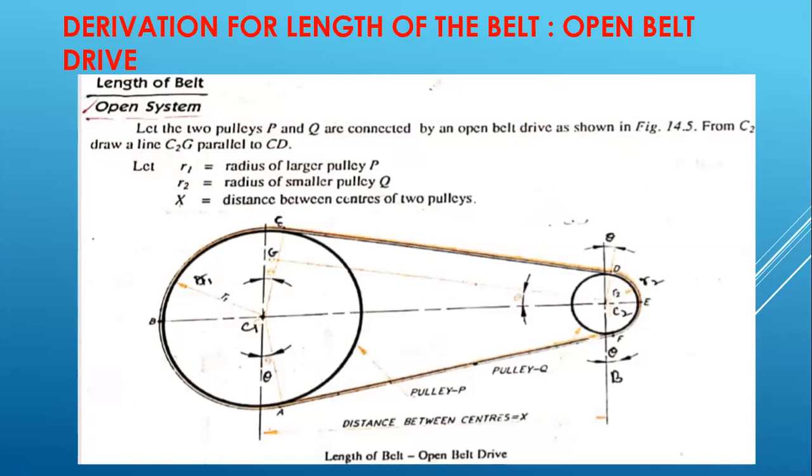In case of the length of the belt, you require only half of the bigger pulley and half of the smaller pulley, that is pi r1 plus pi r2, and the length of the belt x1 plus x2, where x1 is the slack side and x2 is the tight side.